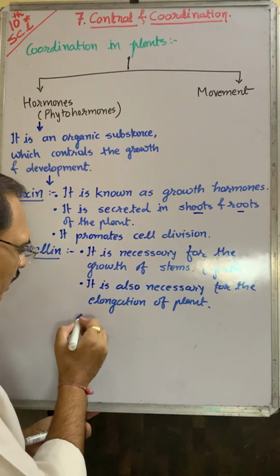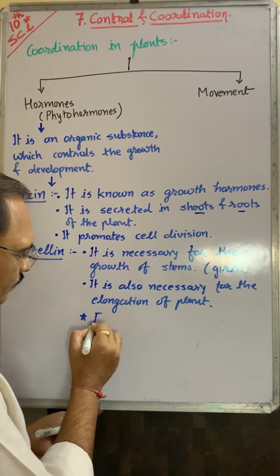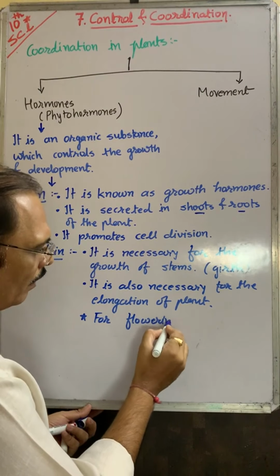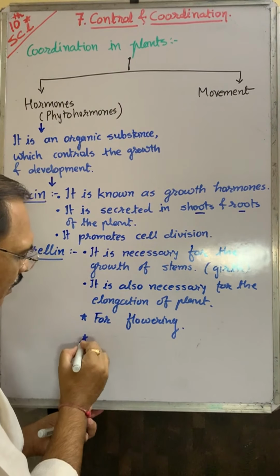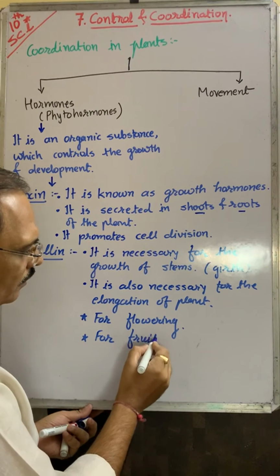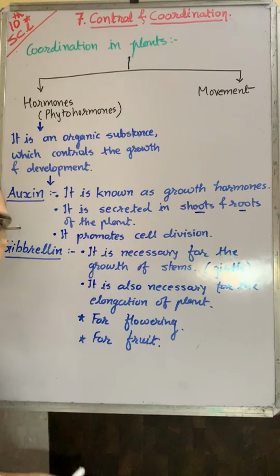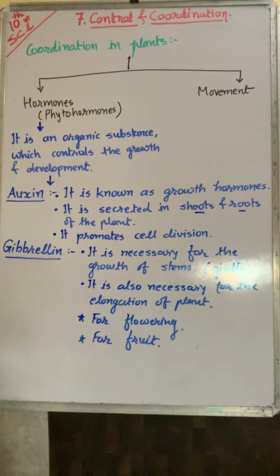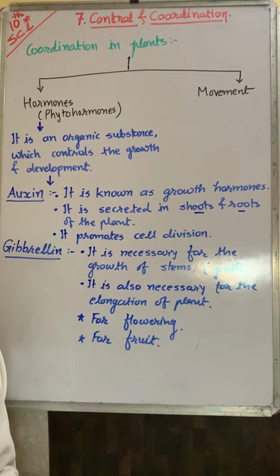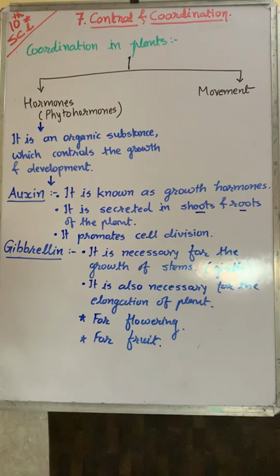It is also necessary for flowering. And once it is flowering, it is also necessary for fruit. Okay? This is the function of gibberellin. You have to remember the name of the hormone also. Auxin, gibberellin. Now cytokinin.